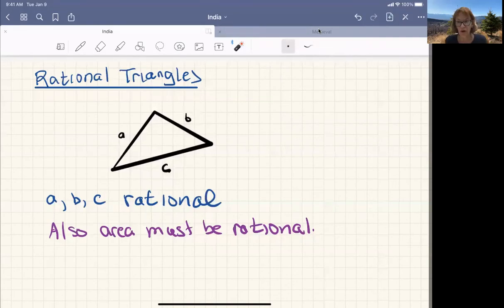But furthermore, we want the area to be a rational number. Remember that when we saw Heron's equation for finding the area of a triangle, it involved taking the square root. And so as long as the thing that you're taking the square root of is a perfect square, you're going to get a rational triangle.